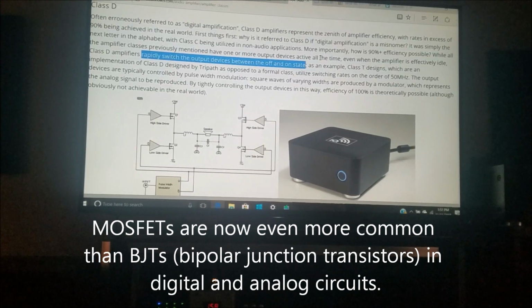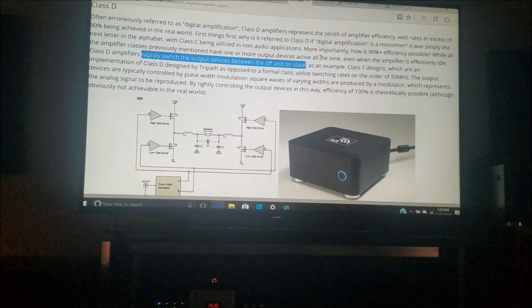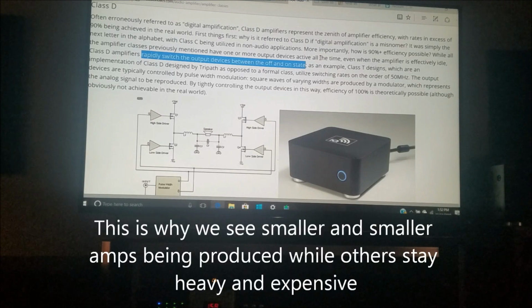If you were to compare a Class A or B amp to a D, the Class D amp's lower losses really allow it to have smaller heat sinks for the MOSFETs while reducing the amount of input power technically required, allowing for lower capacity power supplies, smaller heat sinks, and a smaller design in general.